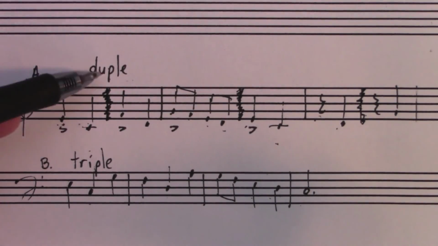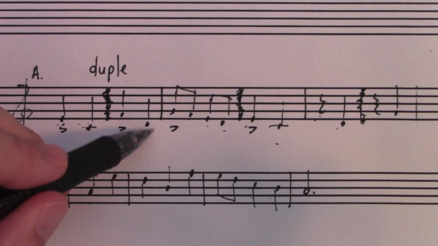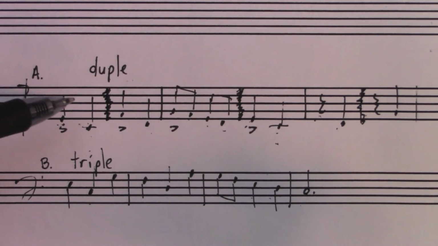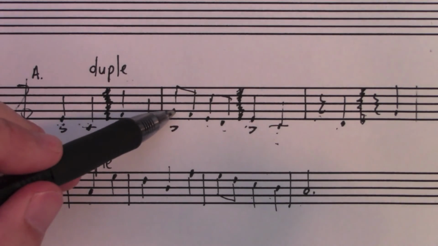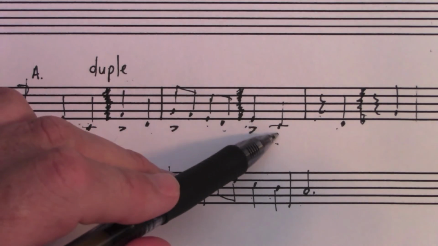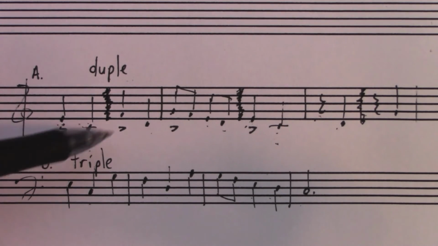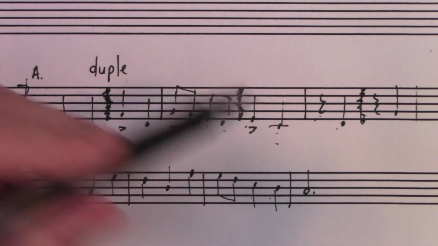So now our duple becomes 1, 2, 3, 4, 1, and 2, and 3, 4. Duple 1, 2, 1, 2, 1, and 2, and 1, 2. Not duple. 1, 2, 3, 4, 1, and 2, and 3, 4.